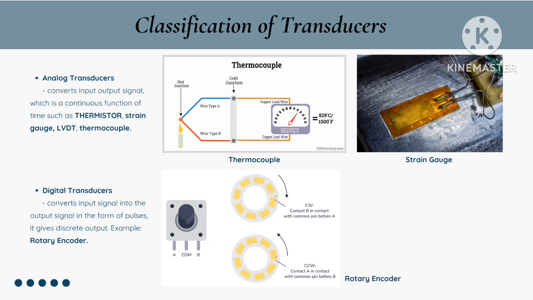So, ang digital nature aning rotary encoder means nga it produces discrete on-off signals or kanang pulses instead of a continuous signal like an analog transducer. So, this makes rotary encoders ideal for interfacing with digital systems like microcontrollers or computers.